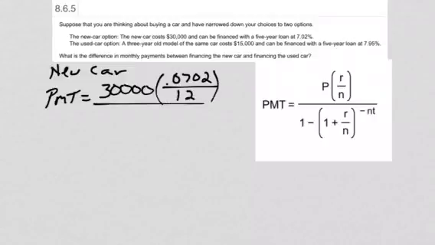Now we're going to divide that by 1 minus 1 plus R, which again is 0.0702 over 12. And then we're going to raise that to the negative N times T, so negative 12 times T, which this one says is going to be financed for 5 years.